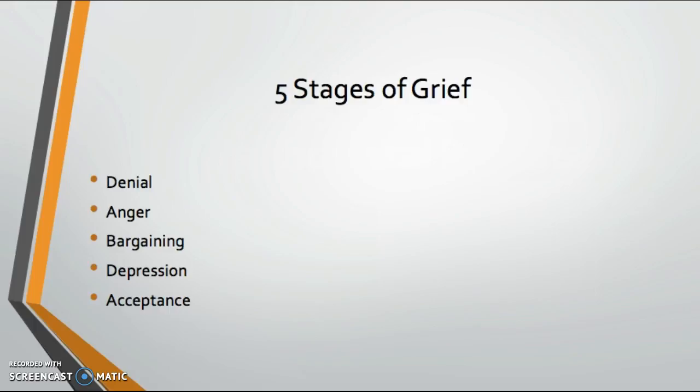Next is bargaining. So this is where "if only" came in. So if only I didn't train so hard, if only I didn't do this, if only I didn't do that. And it's usually because an individual will need to feel that they're regaining control. So if only I'd done this, then they know what they should have been doing, or they know what they did wrong.